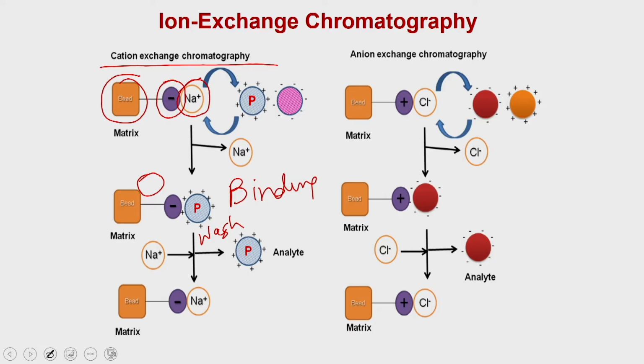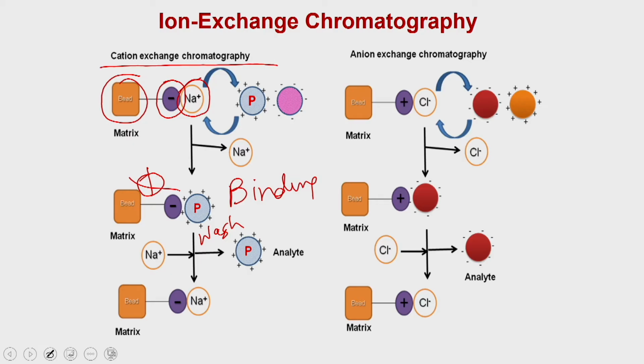These beads are made up of agarose or saccharose or some other kind of material, and they have some non-specific affinity for proteins. So, once you wash the column with a washing buffer, the protein molecules which are not interacting with the functional group present on the beads are removed.